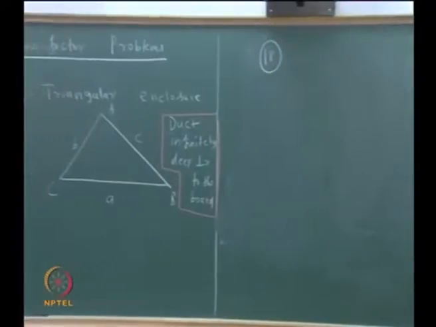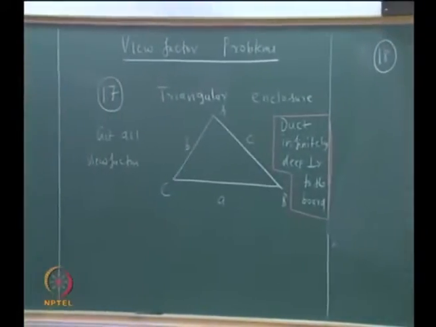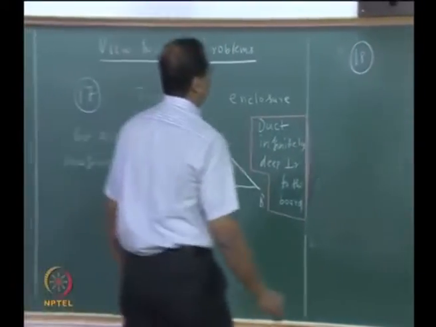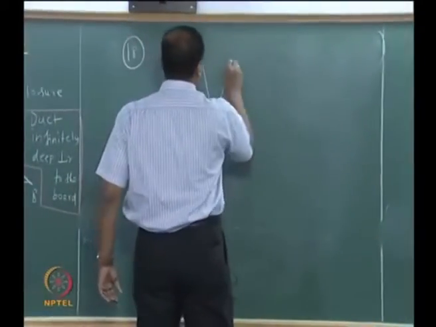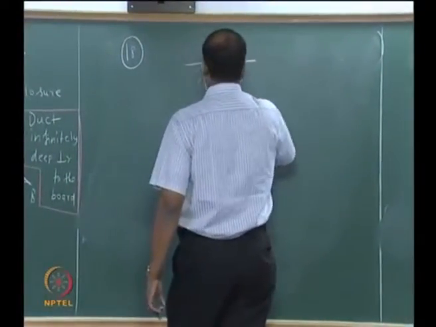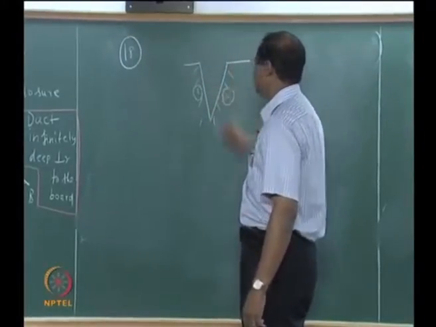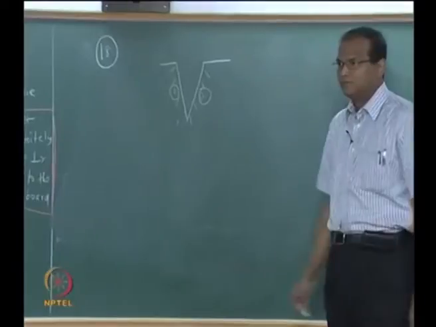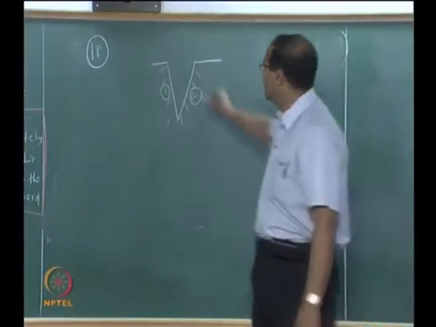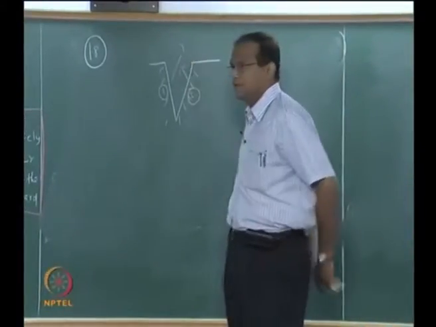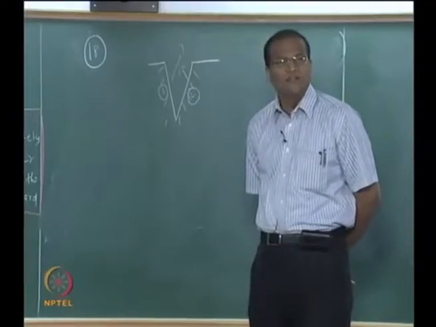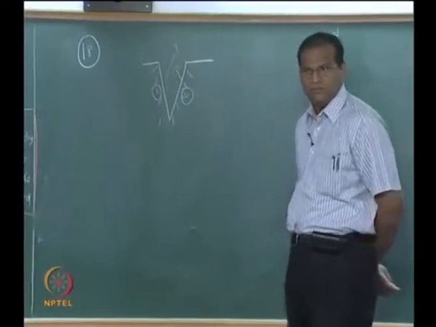Suppose I have a V groove. Suppose I have a groove, right? So for example, I have a surface. So this is 1 and this is 2. Yeah. So here there is vacuum, it is radiating and all that. I am interested in getting F12. Okay.